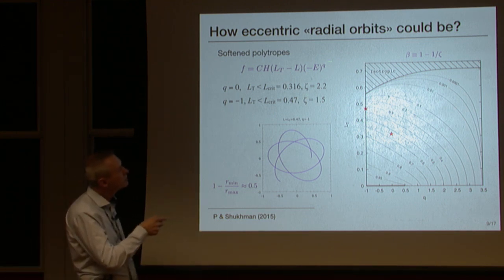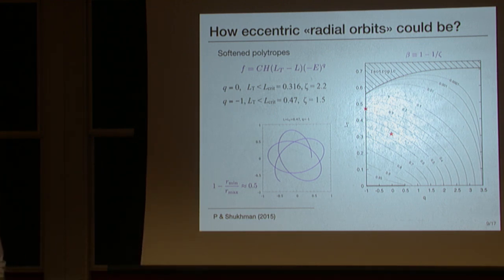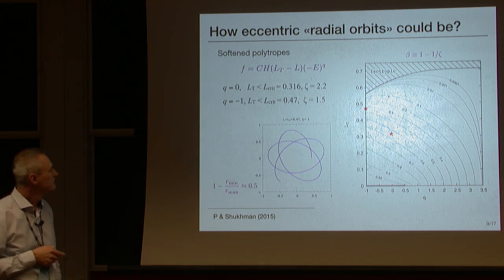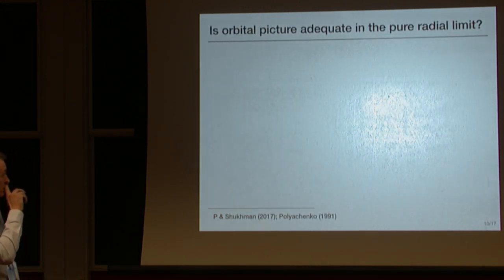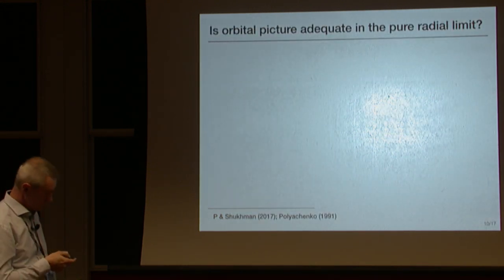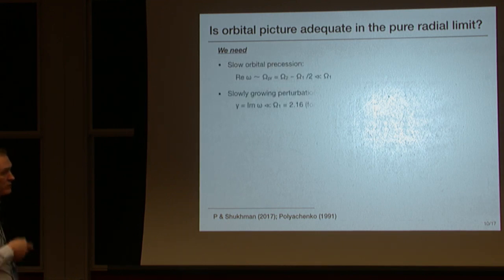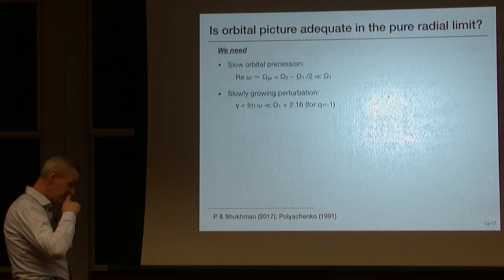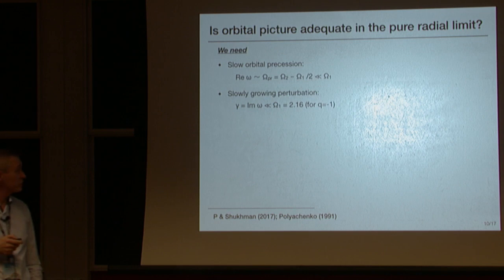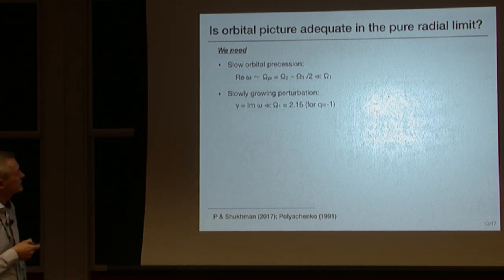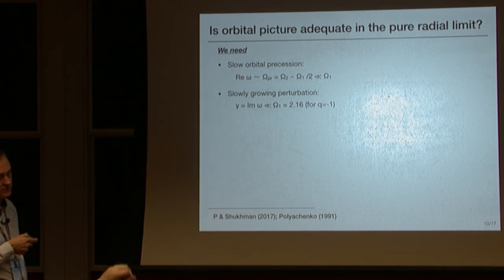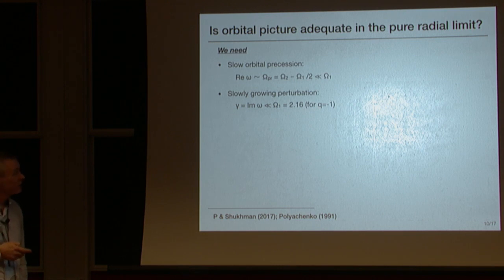Q is here. It's a parameter. So now let's go to the pure radial limit. Is this orbital picture adequate in this limit? We need to average the motion over the orbit, and this implies that both the real part and the imaginary part of the frequency are much less than the radial frequency, omega 1.